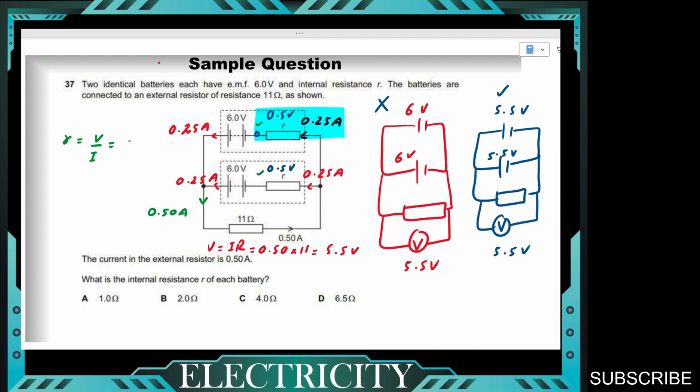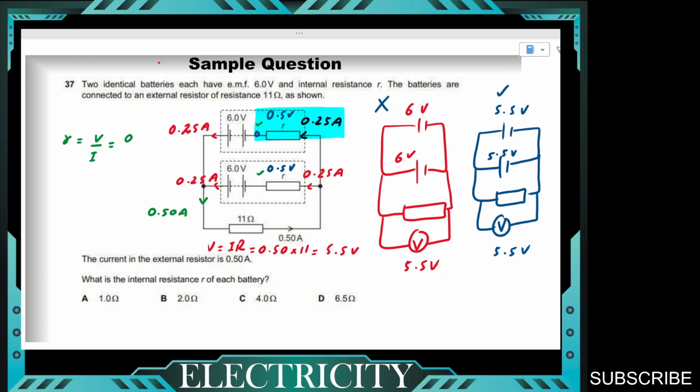Okay, just be very careful. Do not write 6 here. Do not write 5.5 because the voltage that is dropped across the internal resistance is 0.5. And the rule of thumb is it's always going to be a very small number, probably 5% of the EMF itself.